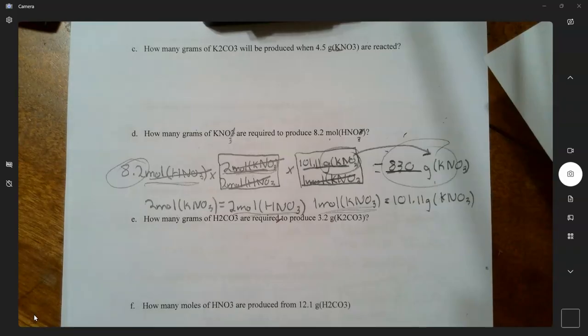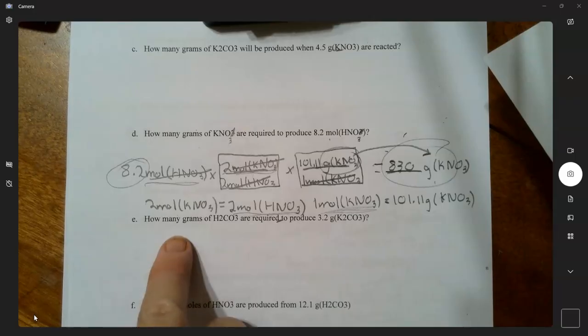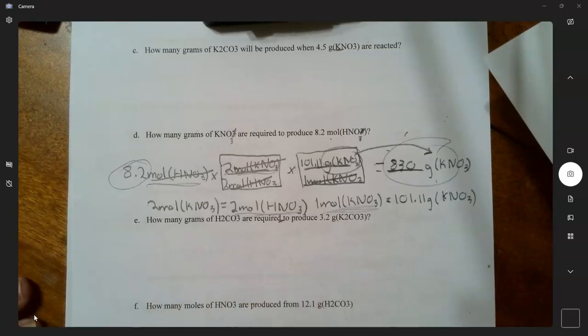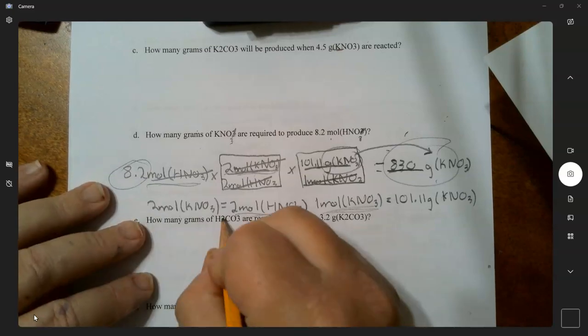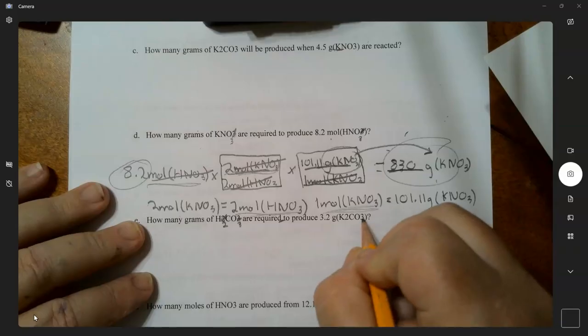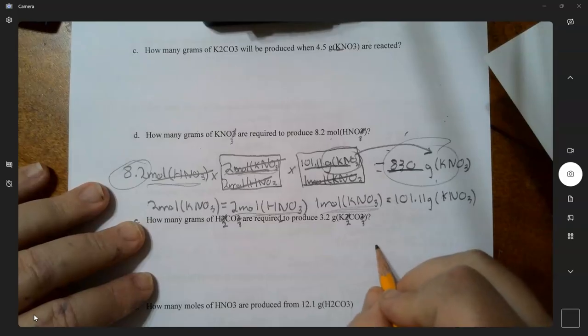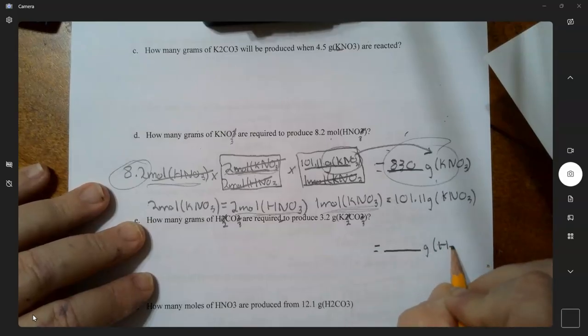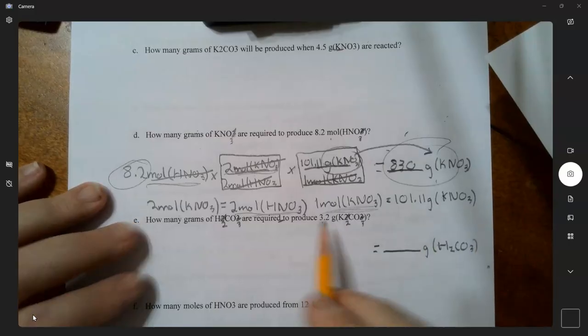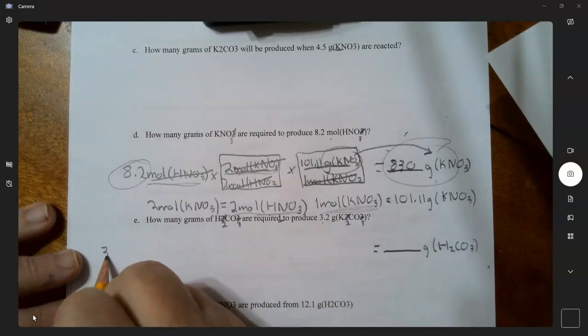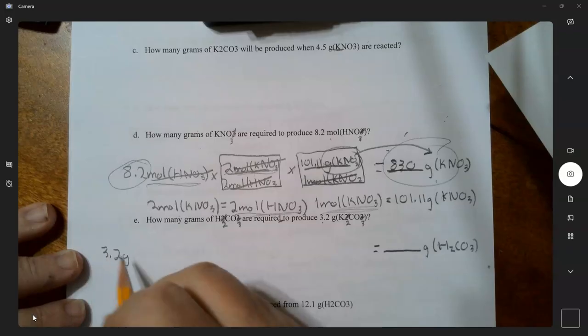Let's go to the next one down, E. So how many grams of H2CO3, again, those should be subscripts, so grams of H2CO3, and we're going to start with 3.2 grams way over on the left of K2CO3.